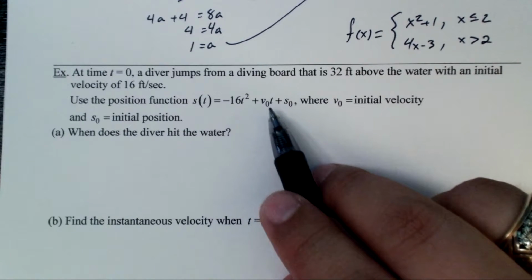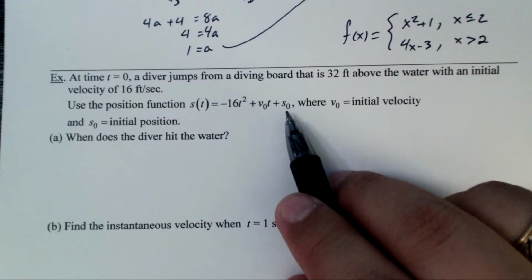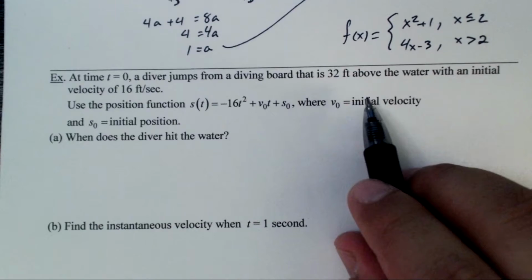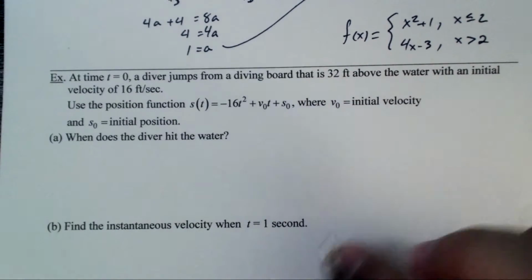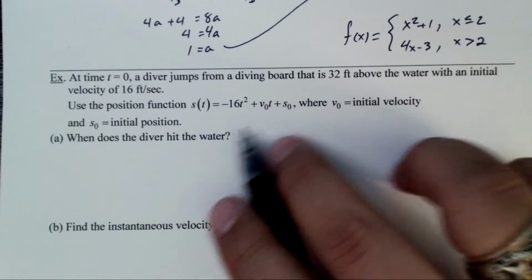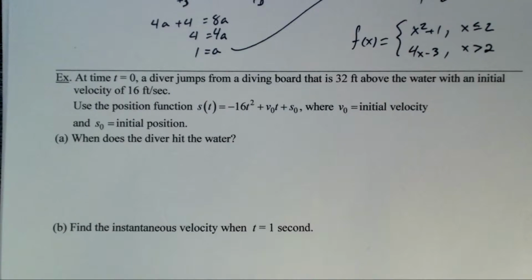So if I say v naught and s naught, it's pretty clear cut what I'm saying, okay? And naughts are usually your initial values for whatever you're talking about. So in this case, v naught is initial velocity, s naught is initial position, okay?